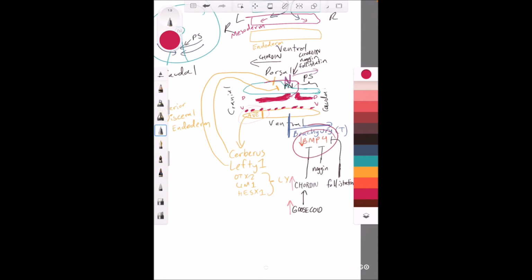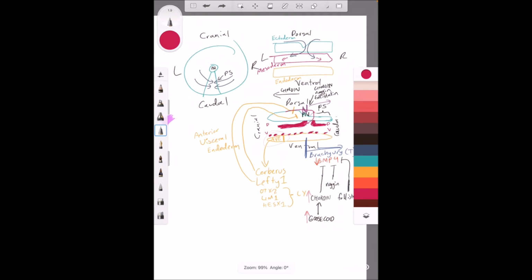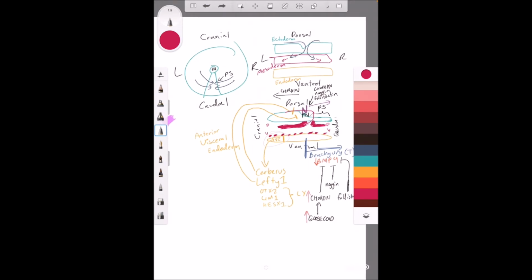If you remove nodal in places where it shouldn't be removed, again, extra head. We also talked about, I think, if the primitive streak doesn't form properly, that can also cause an extra head. So there are a couple of pathways where messing up will result in a 2-headed person, and I'm honestly surprised that 2-headed individuals aren't more common after these last 2 lectures.